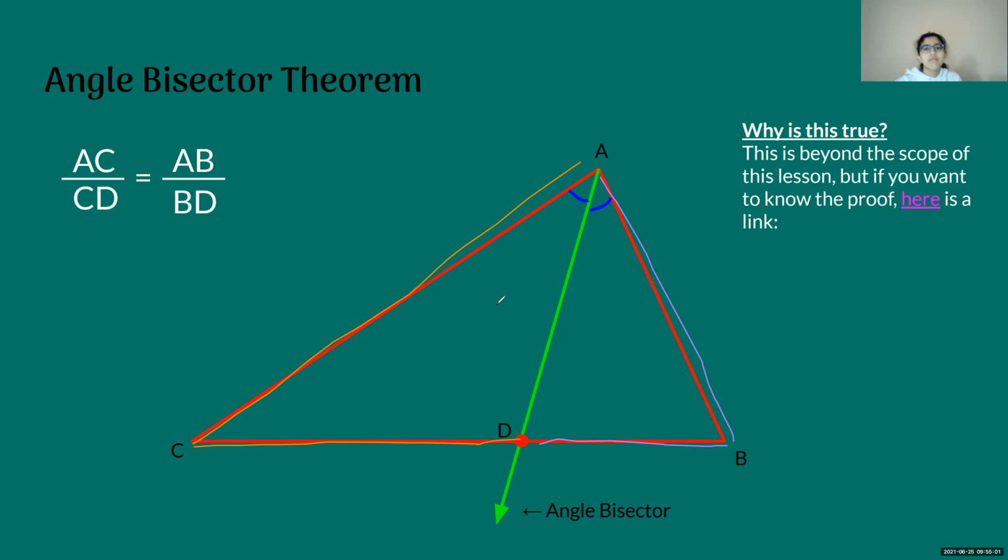It's beyond the scope of this lesson, and on this slide is a link to a website which explains it really well. I'm not very good at explaining proofs because most of the time it requires higher algebra or higher math. However, this uses similar triangles, which are used in geometry.